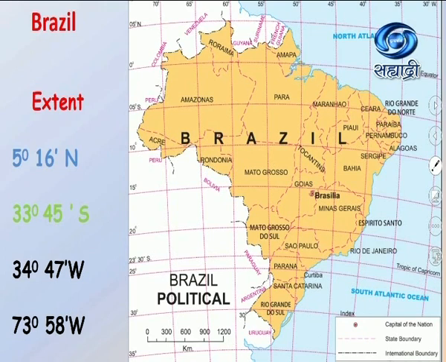These countries lie to the west of Brazil. To the south, we find Uruguay sharing its boundaries with Brazil. And to the east, we see the whole of Brazil surrounded by the Atlantic Ocean. It has quite a huge coastline. In the north, we find the North Atlantic Ocean. In the south, we find the South Atlantic Ocean. So this is what we studied about the Brazil extent.